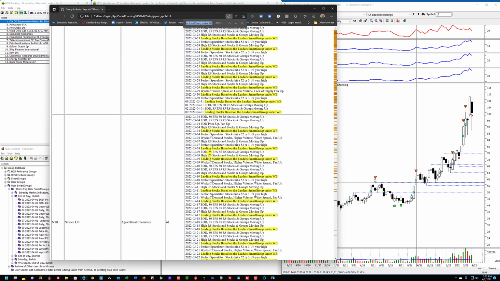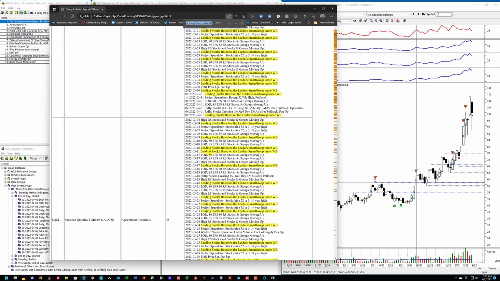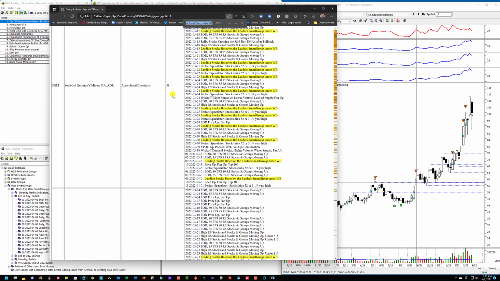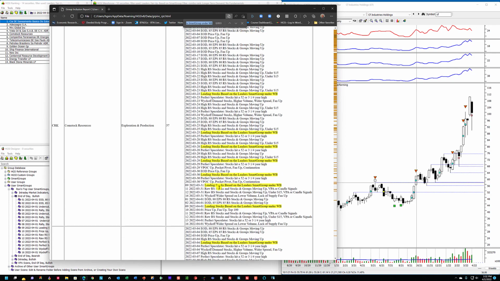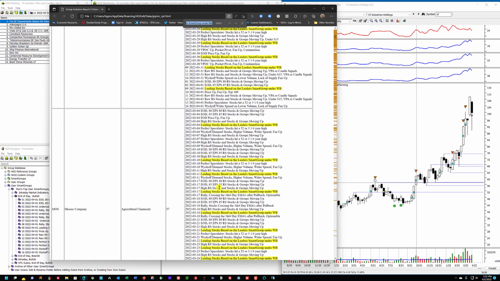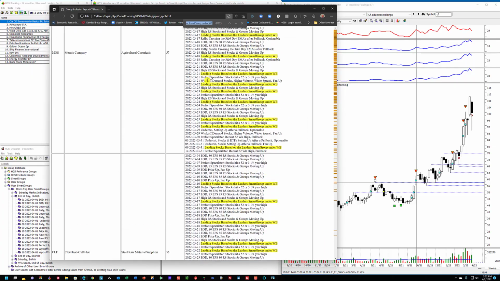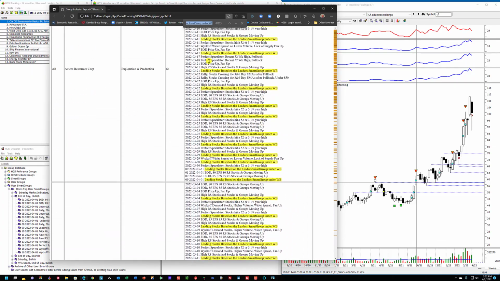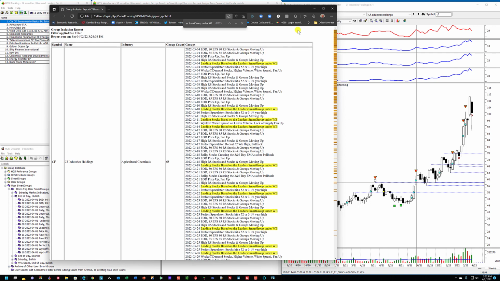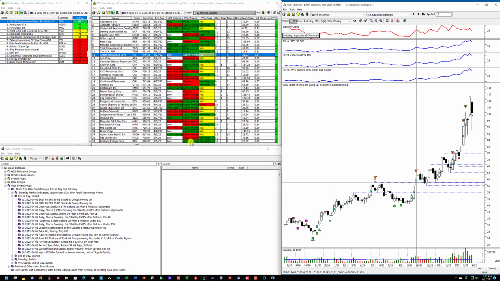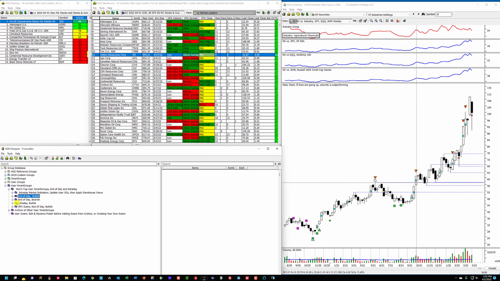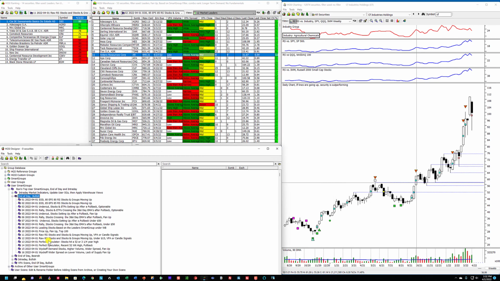As I scroll down here, you can see that the stocks that have appeared many times based upon this number, this group is also a very dominant group.